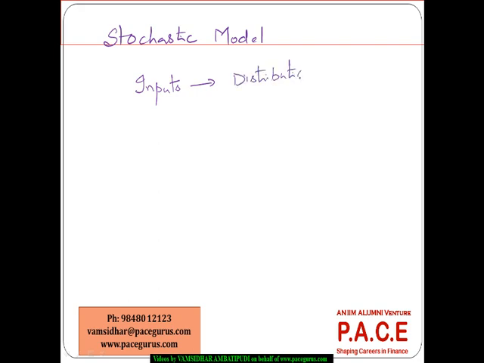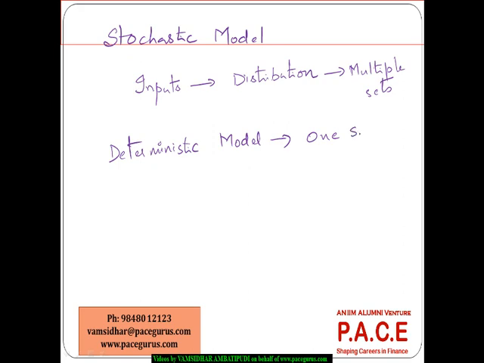So the input that we give to the model is not one set but multiple sets of inputs. Whereas a deterministic model, on the other side, takes only one set of inputs, and we test out the output.